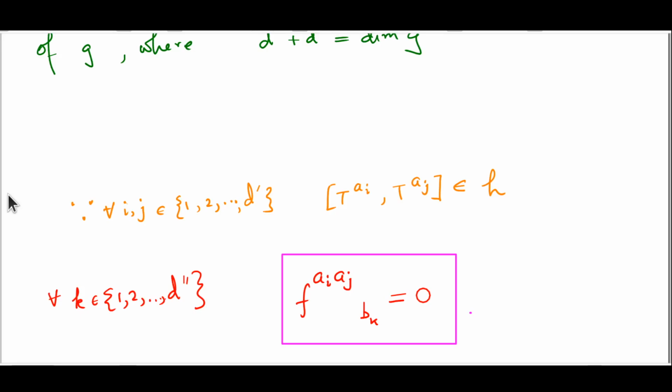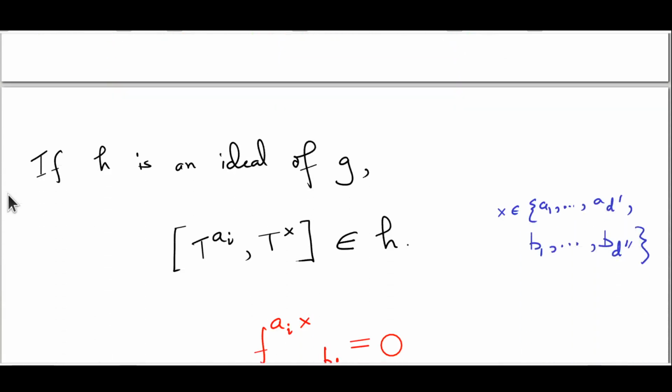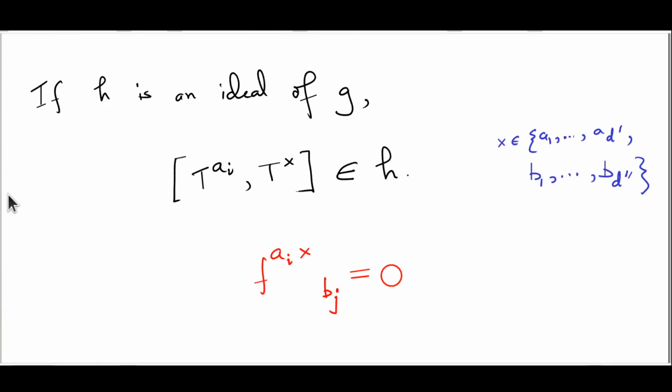Let us just quickly look at what structure constants have to say about ideals. And that also is pretty simple. If H is an ideal of G, then if you take the Lie bracket of T_ai, where T_ai is any one of the generators of H, with T_x, where T_x is any one of the generators of G, it does not matter whether it is a generator of H or not, then the Lie bracket of T_ai and T_x must be an element of H, and hence this immediately tells us that it will have zero coefficient for any one of the T_B1, T_B2 up to T_B D''.